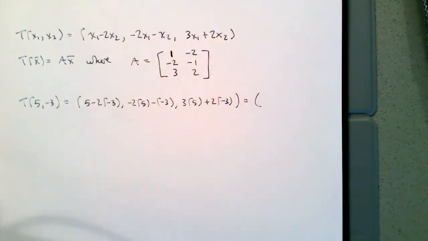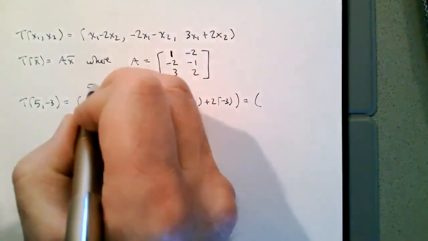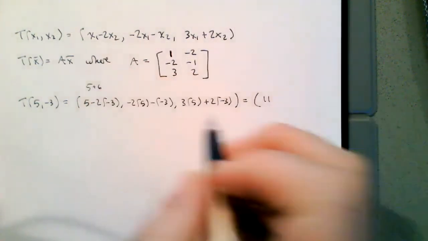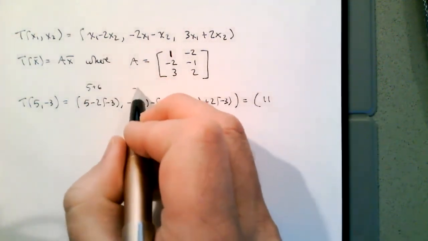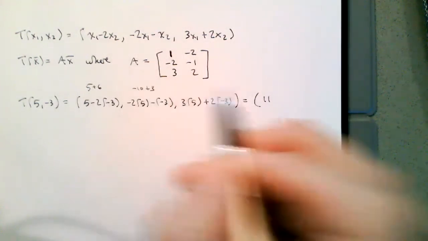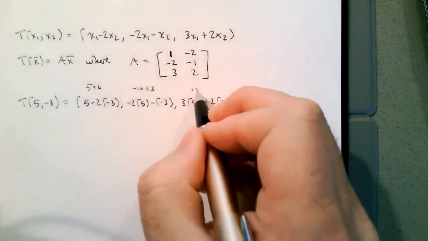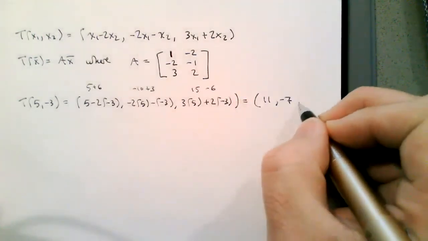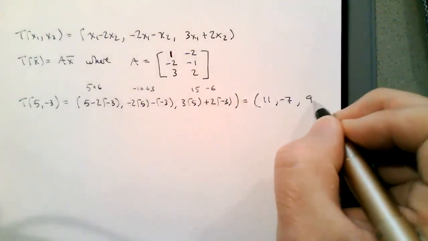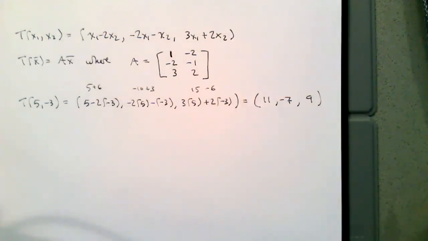It's arithmetic, and so I'm going to mess this up because I'm not very good at arithmetic. So it's going to be 5 plus 6, or 11. And it's going to be negative 10 plus 3, which is negative 7. And 15 minus 6, which is 9. I should be more confident about that, but 9.